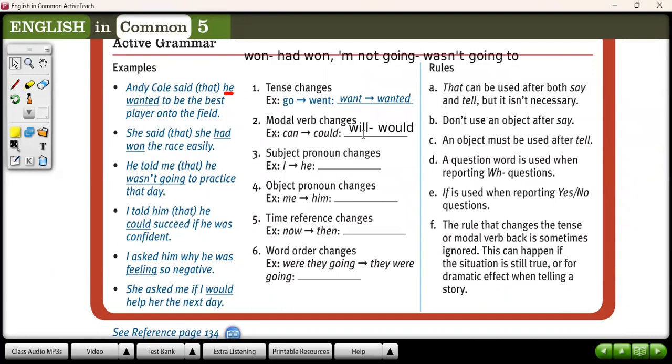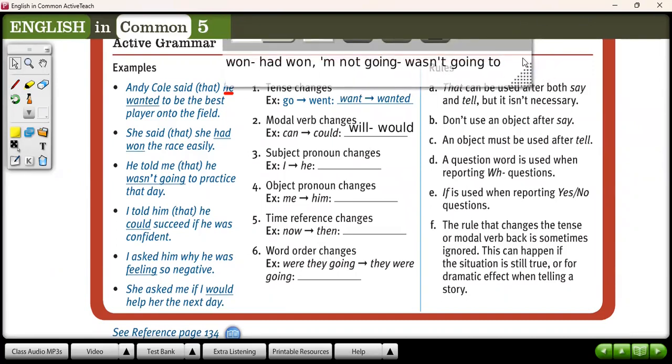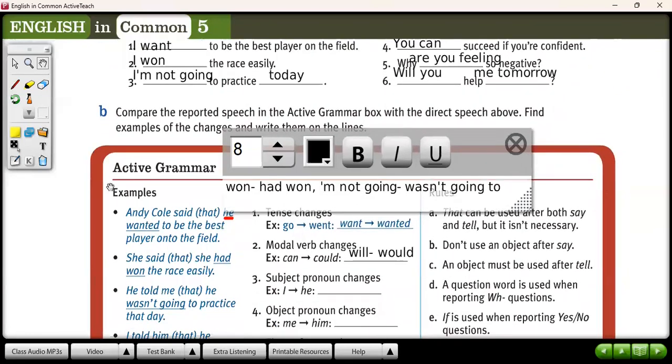Okay. We saw that we need to change the pronoun. Okay, so for example, in the first example we saw, it was a man talking and he said, I want to be the best player on the field. When reporting this, I'm not going to use I because I'm talking about another person, in this case a man. So I need to change for he or use the name of the person as we can see in the example.